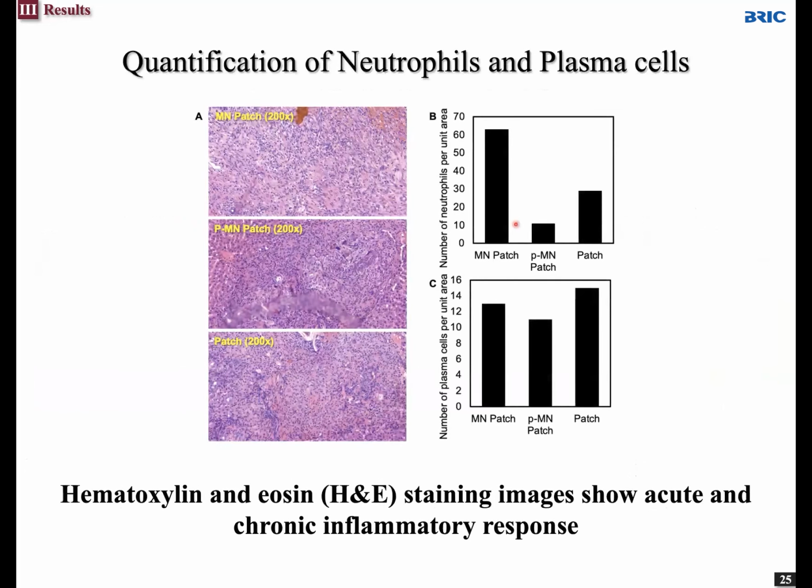In addition, the histological analysis revealed a relatively lower number of neutrophils, plasma cells, and T lymphocytes. In the following slides, I'll get to it later.